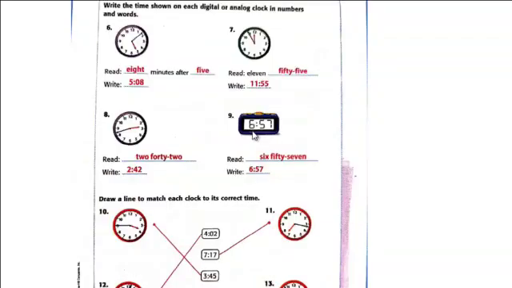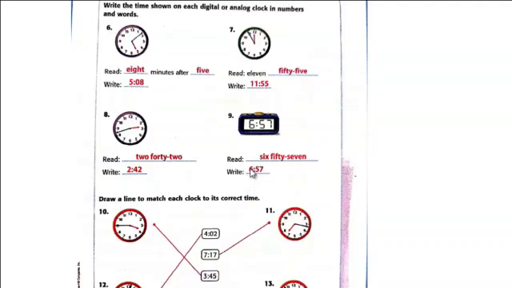Okay, this is a digital clock. When you read this, you will start from the left side and say 6:57. Okay, like this with words. And when you write this, first put the colon or 2 dots.